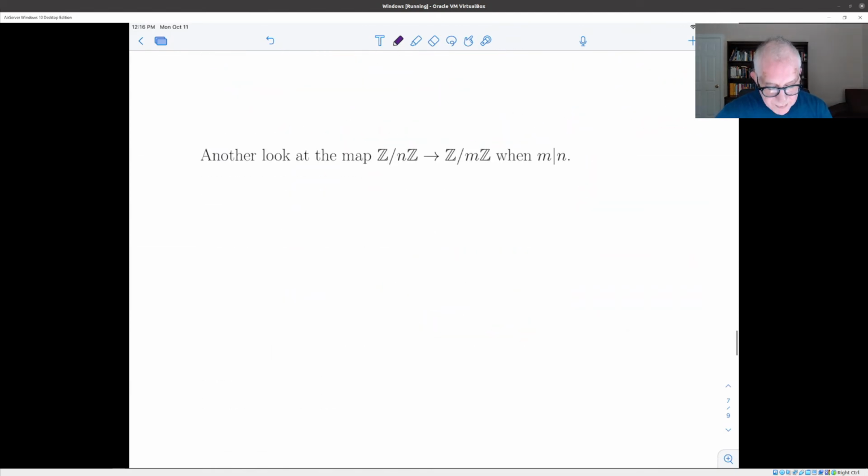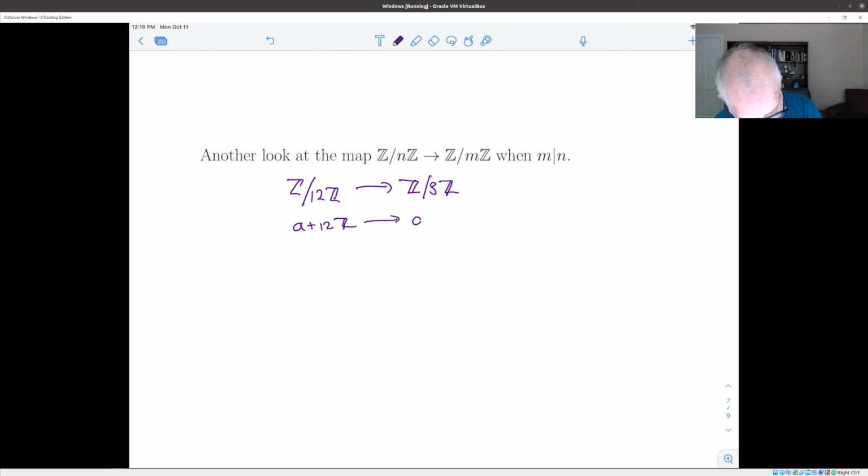And maybe we can look at one more. Suppose we could make this even more concrete. Let's look at Z mod 12Z. So we're taking integers mod 12, and then we decide to reduce them mod 3. So this is a homomorphism, and if we were going to write it in terms of congruence classes, we're sending a plus 12Z to a plus 3Z. Take the number mod 12 and reduce it mod 3.